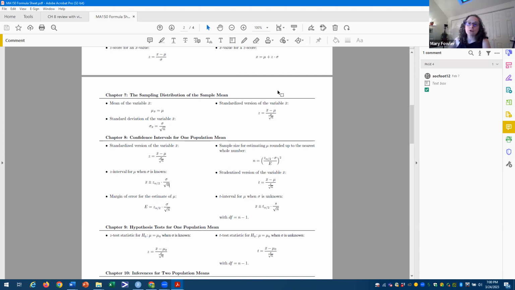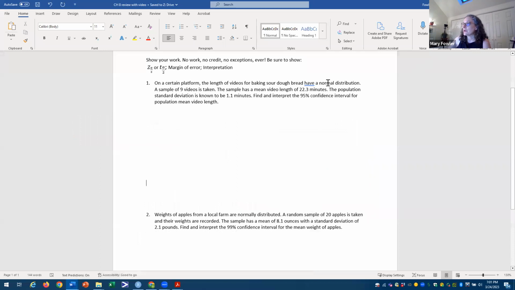Okay, and so we're going to look at the two problems that we'll be doing in this review, and look at the wording in the problems and determine which interval, which procedure to use for each of the problems. So the first one says, on a certain platform, the length of videos for baking sourdough bread have a normal distribution.